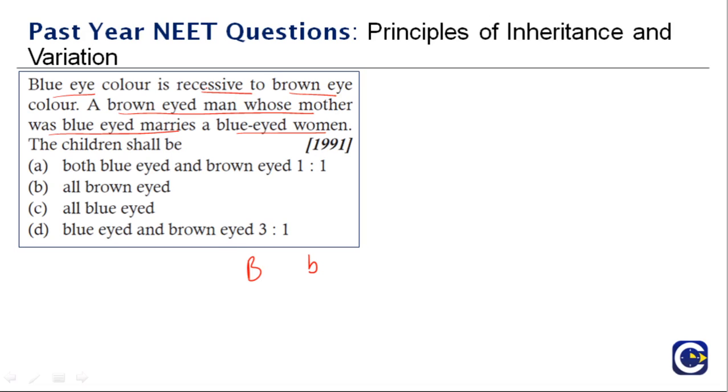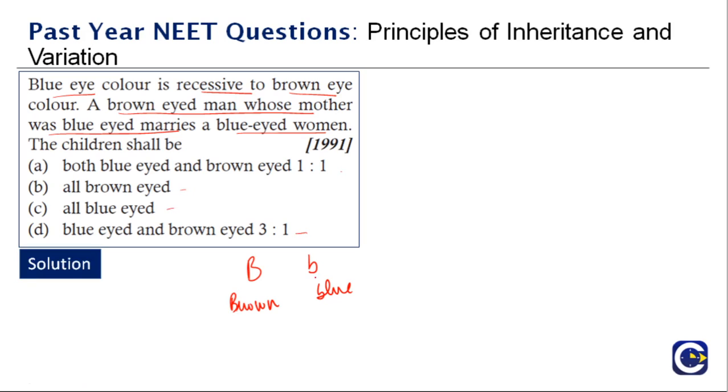Blue eye color is recessive to brown eye color. So let's say this is brown and this is blue. Blue eye color is recessive and this is dominant. The options: both blue-eyed and brown-eyed, all brown-eyed, all blue-eyed, or blue-eyed and brown-eyed.